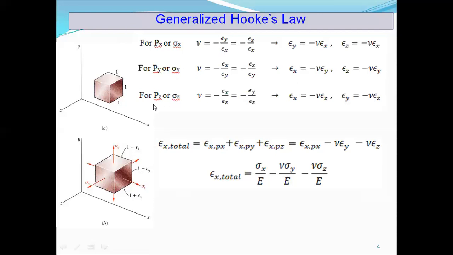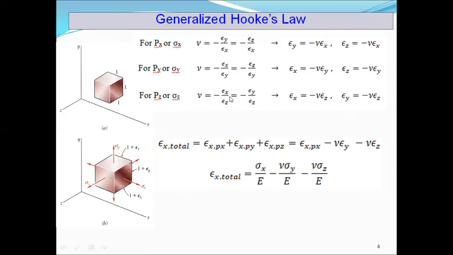Similarly, for load Pz or stress sigma z, that is along this direction, this would be the axial direction. However, the other two would be the lateral direction. So the Poisson's ratio here would be minus lateral strain by axial strain.